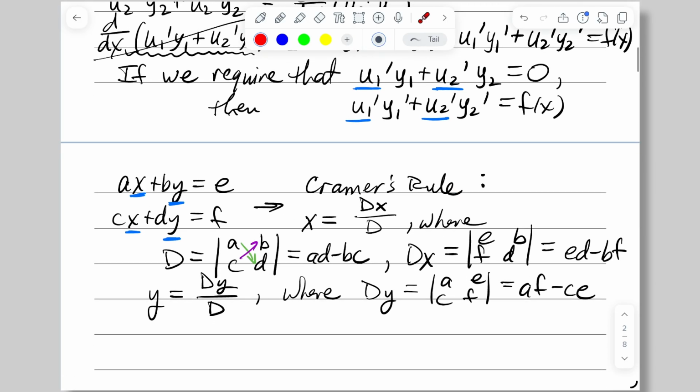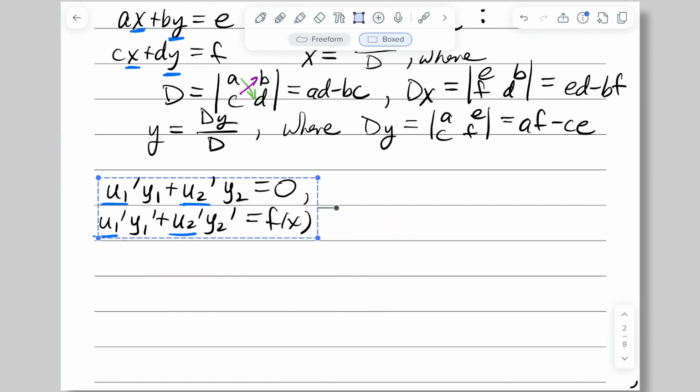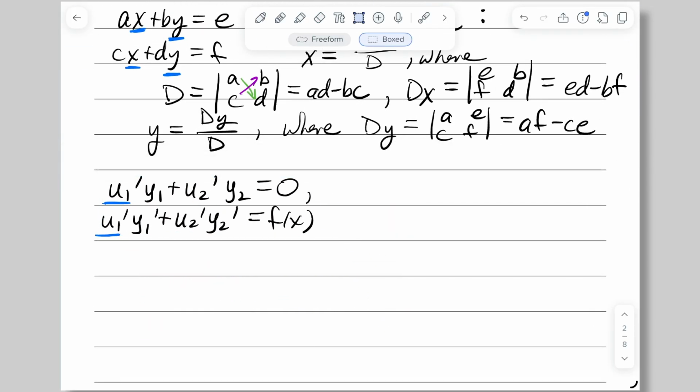But now I'm going to just connect that linear system of equations from algebra to this system of differential equations. And instead of A, B, C, and D, we have y1, y2, y1 prime, and y2 prime. So I'm just copying this down here. That's what we're solving for.